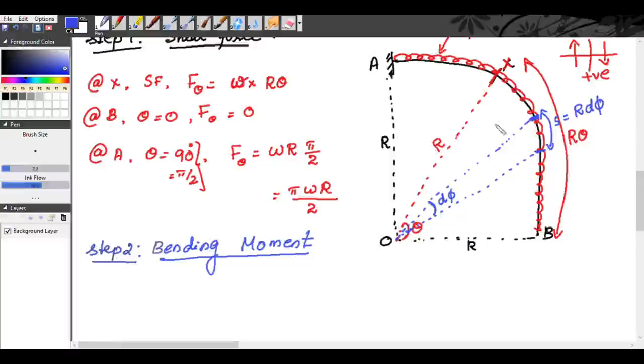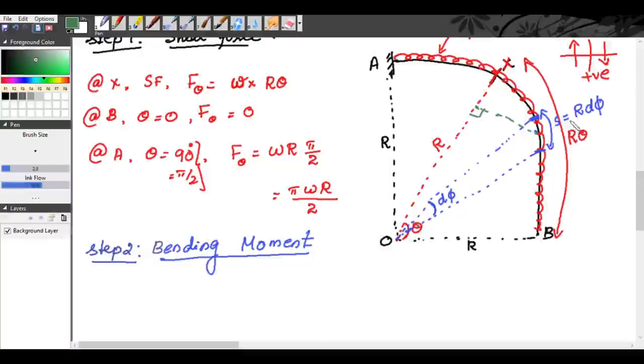Now, for this smaller stripe, from the center point of the UDL of this stripe, we will draw perpendiculars towards this section. So this is 90 degrees.